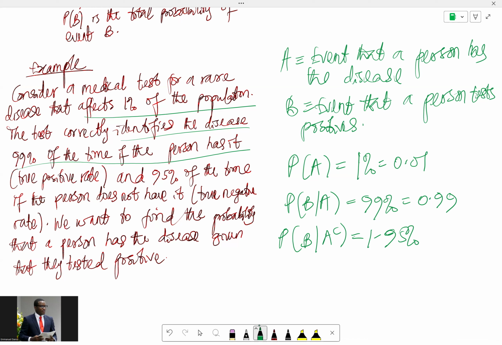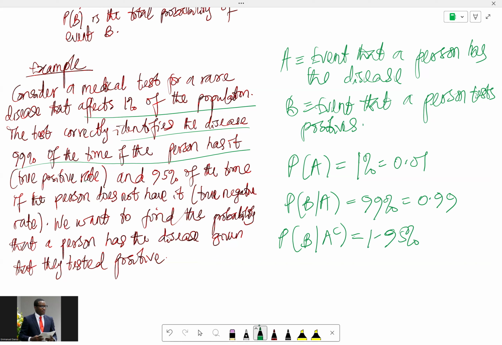That's 1 minus 95%. So I know this is a bit tricky. This is really tricky. Okay, so we have false negative and true positive.